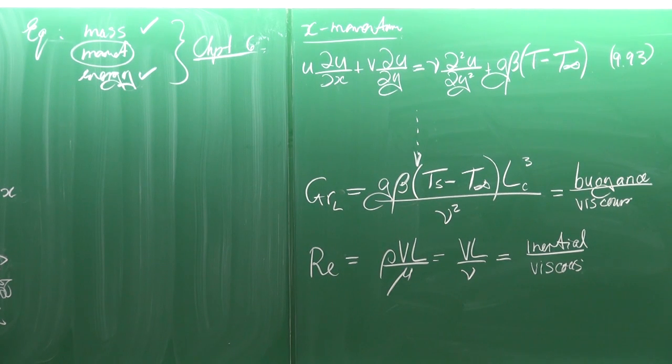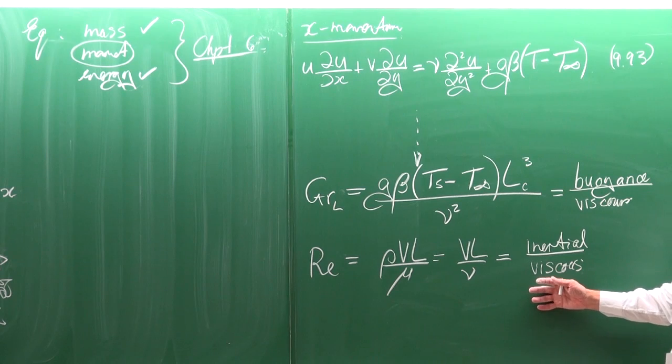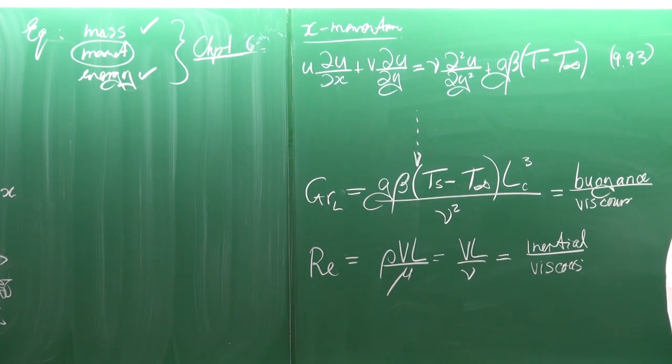Now what is important is that in forced convection, we've used the Reynolds number to tell us if the flow field is laminar or turbulent. You remember that? So for a flat plate, approximately the Reynolds number is about 1, 2, 3 multiplied by 10 to the 5. If it's smaller than that, the flow would be laminar. If it's larger than that, the flow would be turbulent.